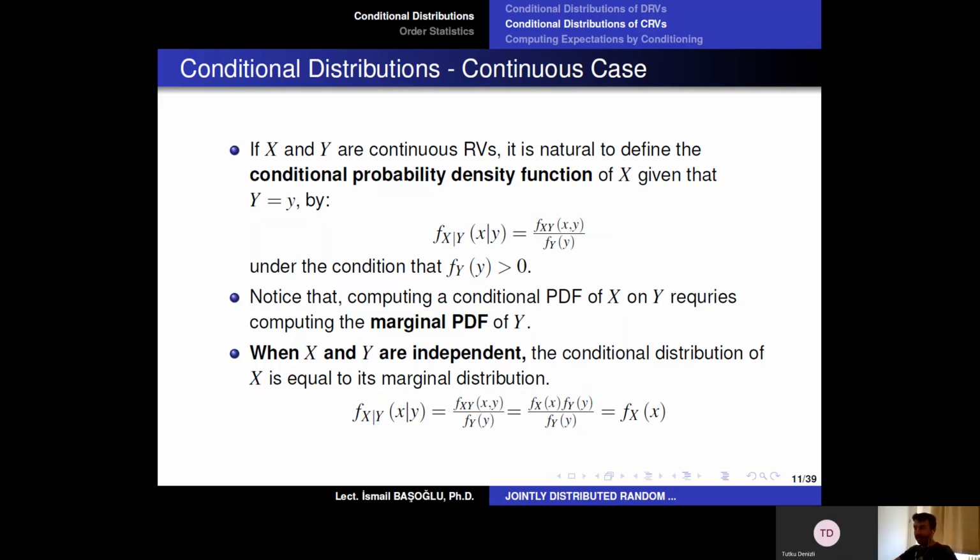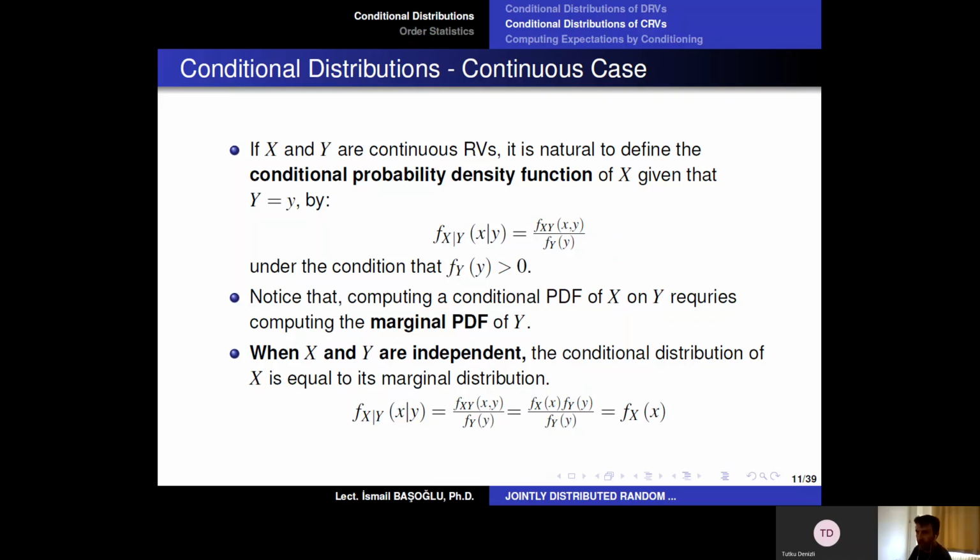Be careful about this. Just like in the discrete counterpart, if you are conditioning one variable on another, that other random variable's marginal distribution should be known.